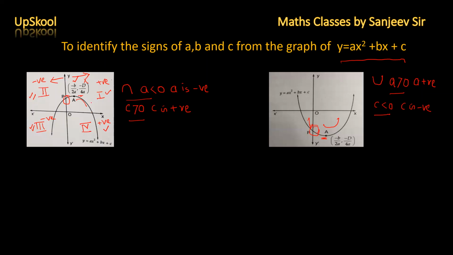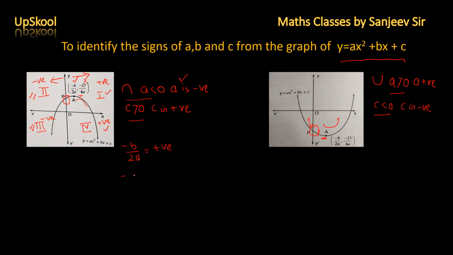Now, in this graph, the vertex lies in the first quadrant, that is towards the positive direction of the x-axis, on the right side of the y-axis. Then minus b upon 2a is equal to positive. In this case, a is negative, as we have already discussed.